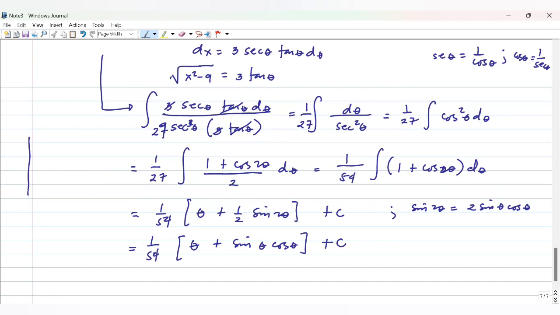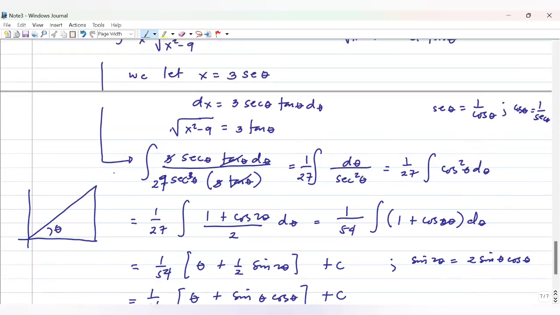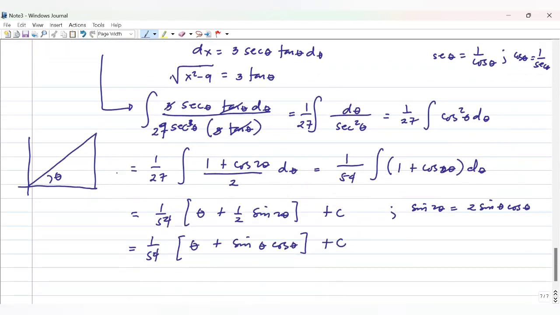So if we take a look at this triangle, we have our theta. It's actually x equal to 3 secant theta. So in secant, this is the adjacent, this is the hypotenuse, and this is the square root of x squared minus 9.